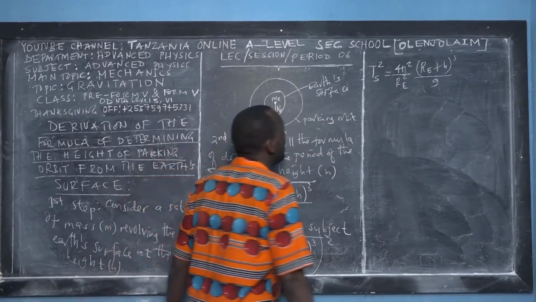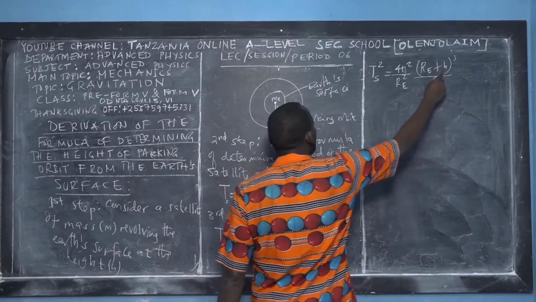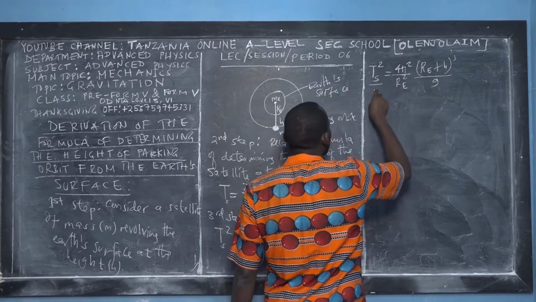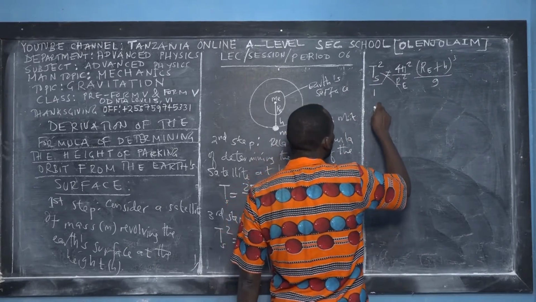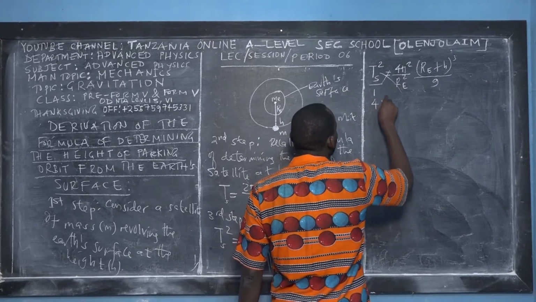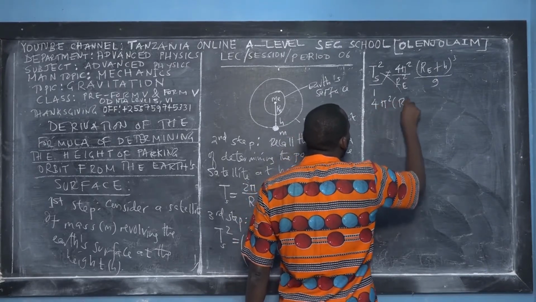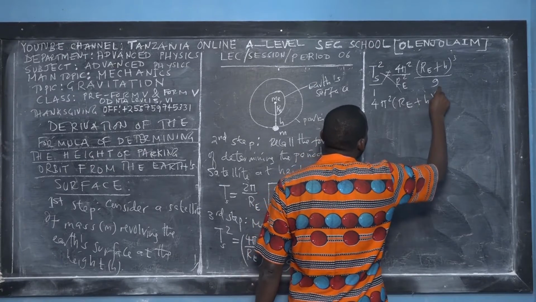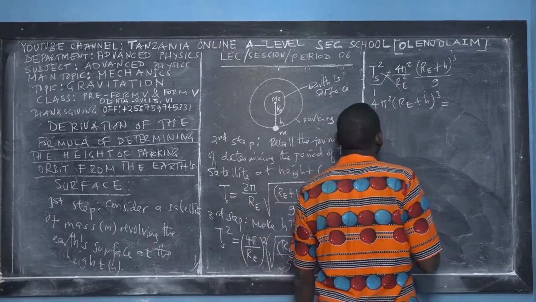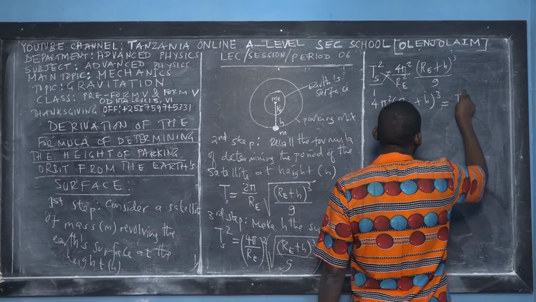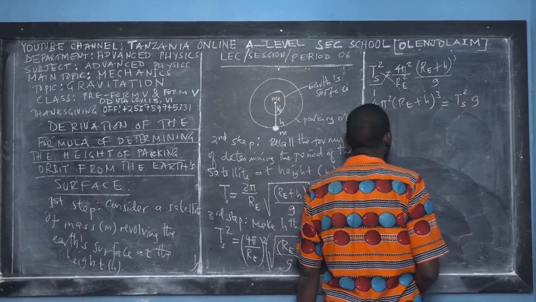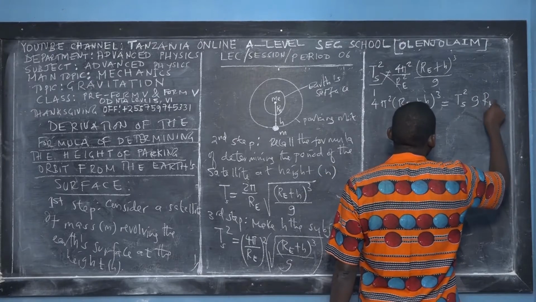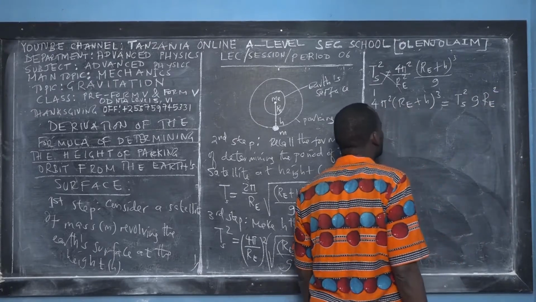Right? So our intention is to make H the subject. In order to do that, we have to cross multiply. When you cross multiply, on this side we have 4 pi squared, radius of the Earth plus H cubed, which is equal to the square of the period of the satellite times acceleration due to gravity times the square of the radius of the Earth.